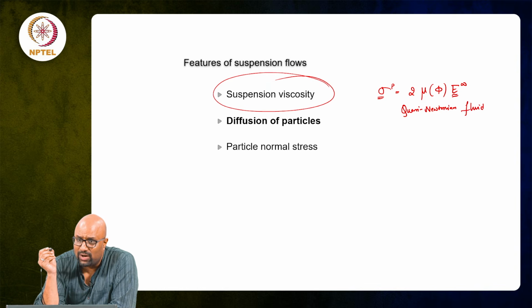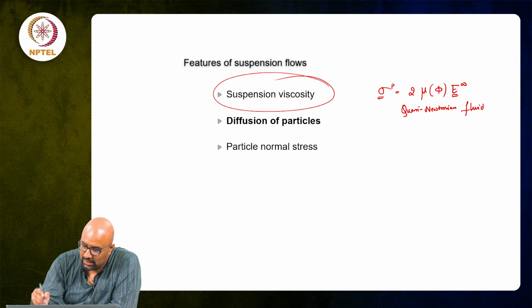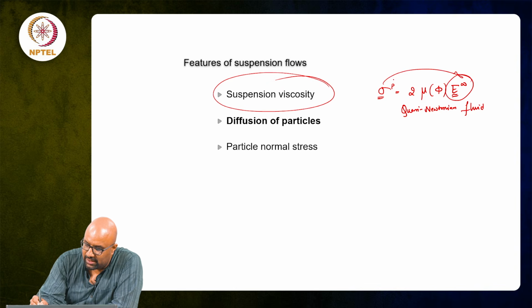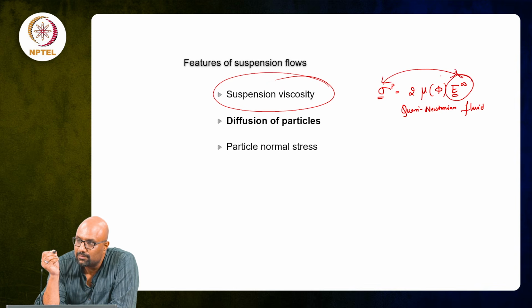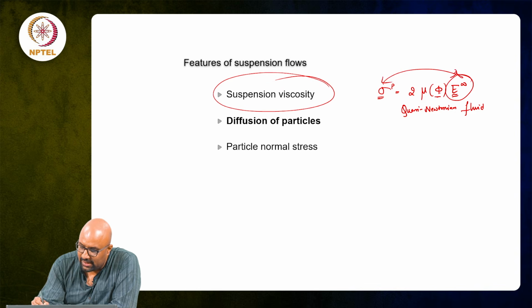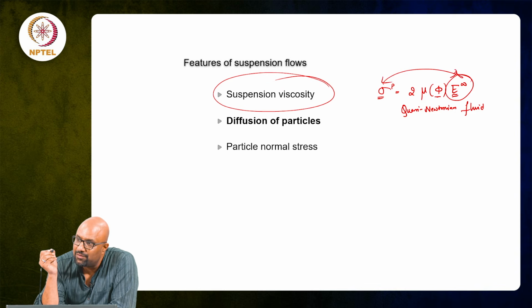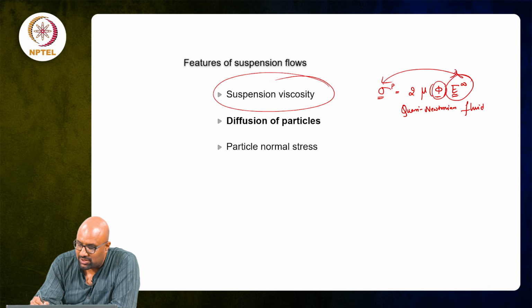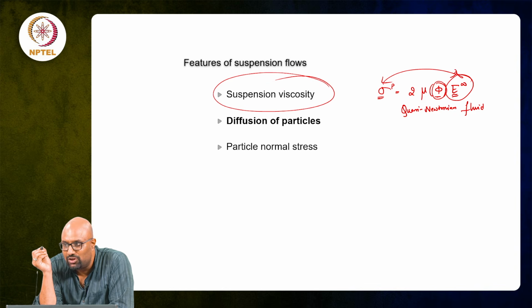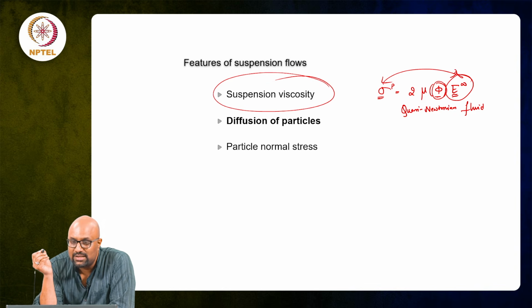Now why do I say quasi-Newtonian? Because it is obviously Newtonian in this relationship, the viscosity is only a function of volume fraction, right. Now, if you say this volume fraction, is it the bulk volume fraction with which you load your system, or is it the local volume fraction?